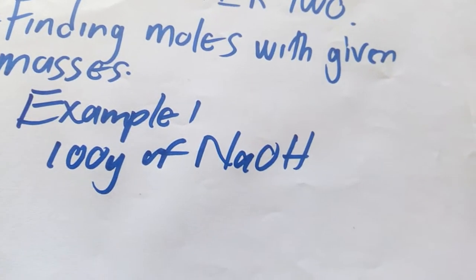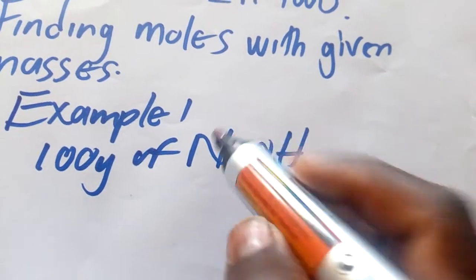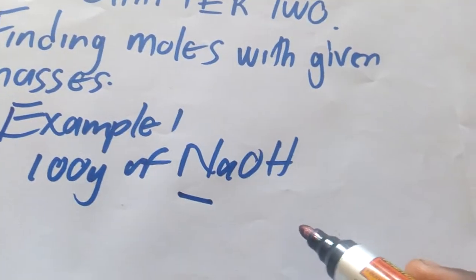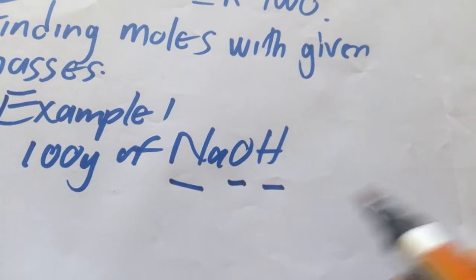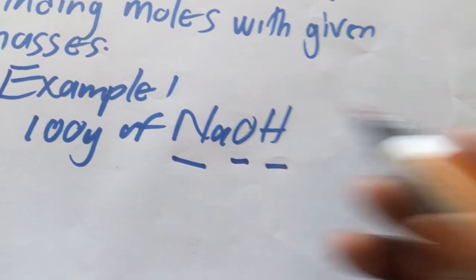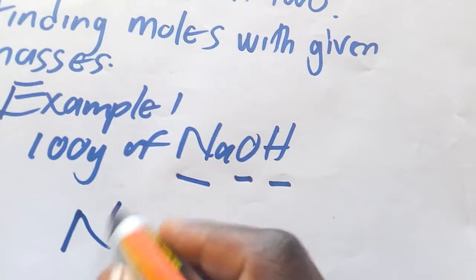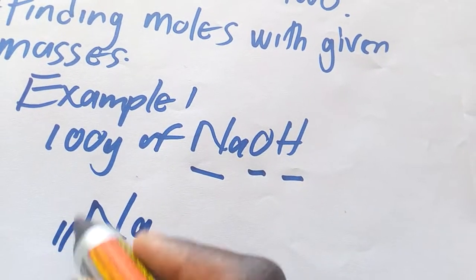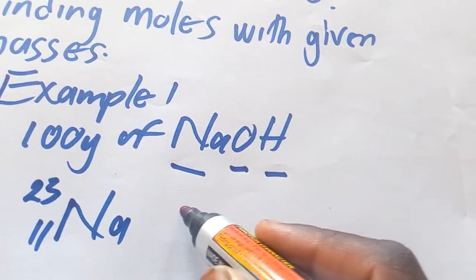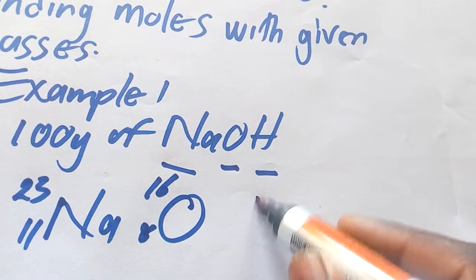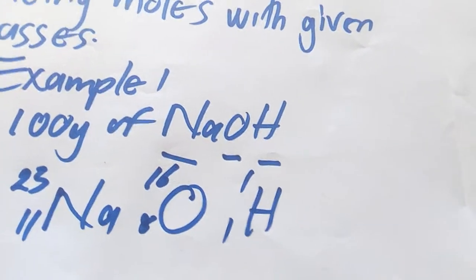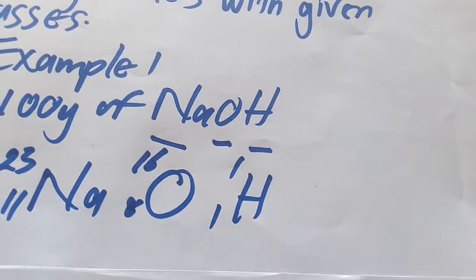Now we have the formula of sodium hydroxide, NaOH, meaning I have 1 mole of sodium, oxygen, and hydrogen. From the notation, I think we remember that: sodium, which is 11 and 23, oxygen, which is 16 and 8, hydrogen, which is 1. We can get the mass from here.